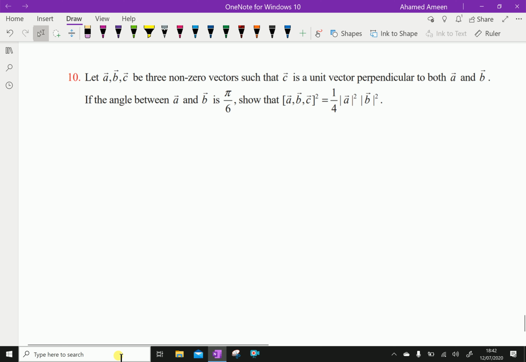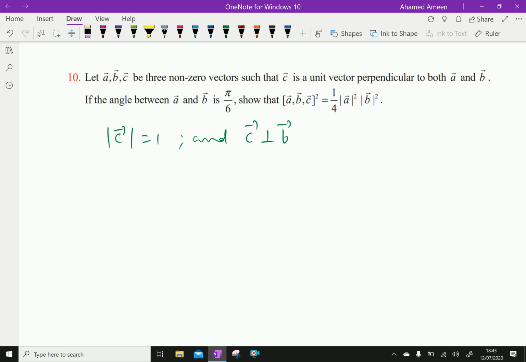Now, here the given things: unit vector, that is vector c, modulus of vector c is 1 because it's a unit vector, and we can see vector c is perpendicular to vector a and b.